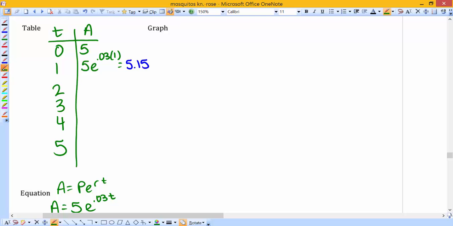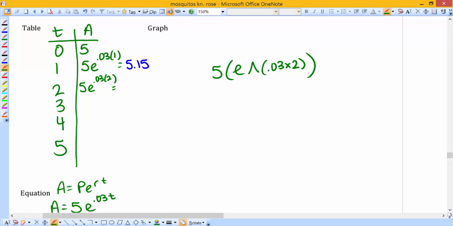Then I'm going to move on to day 2. 5e to the 0.03 times 2. So in my calculator, this would be 5 parentheses e caret parenthesis. I would just use 0.03 times 2. Close the parentheses. So double parentheses here.